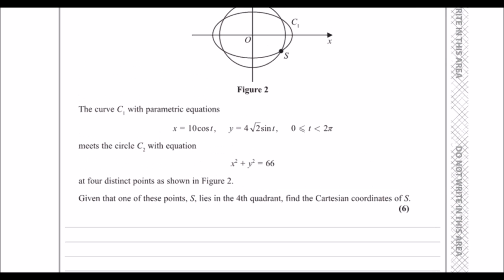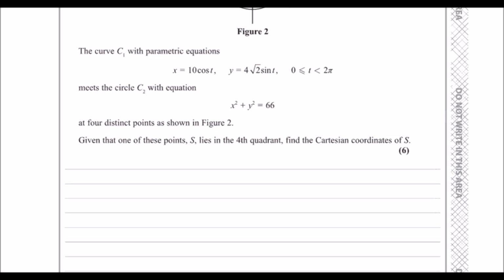So the curve meets the circle where both equations are equal. So we can substitute 10 cos t in for x and 4 root 2 sine t in for y, then it'll all be in terms of t, and the solutions will be where it meets.